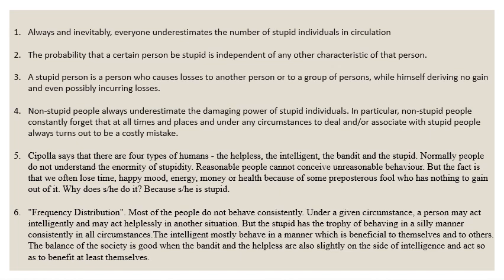The fourth law is: non-stupid people always underestimate the damaging power of stupid individuals. In particular, non-stupid people constantly forget that at all times and places, and under any circumstances, to deal and/or associate with stupid people always turns out to be a costly mistake.